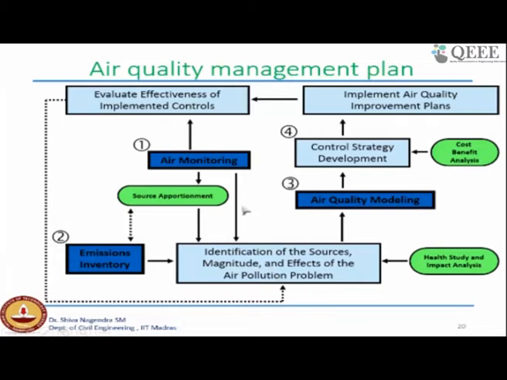For example, in an urban area, if you notice that SO2 concentrations are very high, all of us know that SO2 comes from diesel vehicles, but right now we are using very low sulfur diesel. So if you get sulfur concentrations in an urban area, it clearly indicates that somewhere a coal-fired power plant is maybe the source.